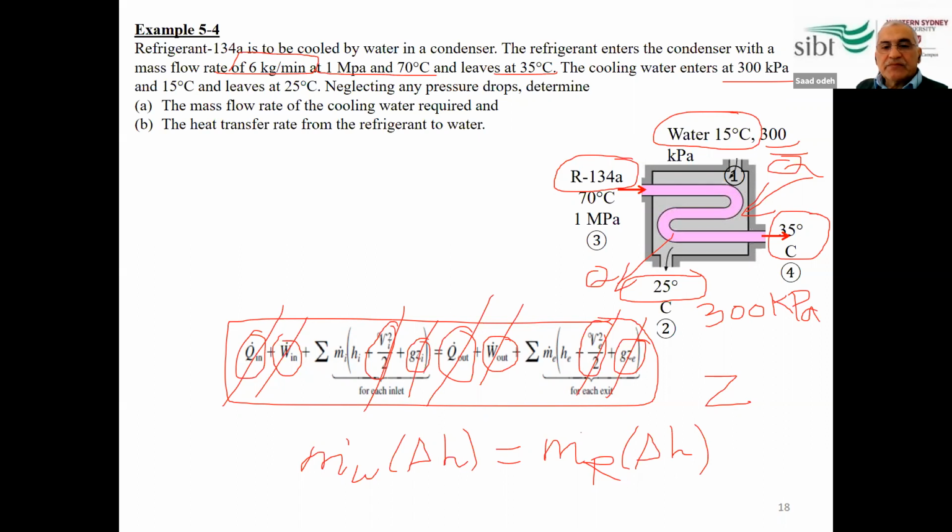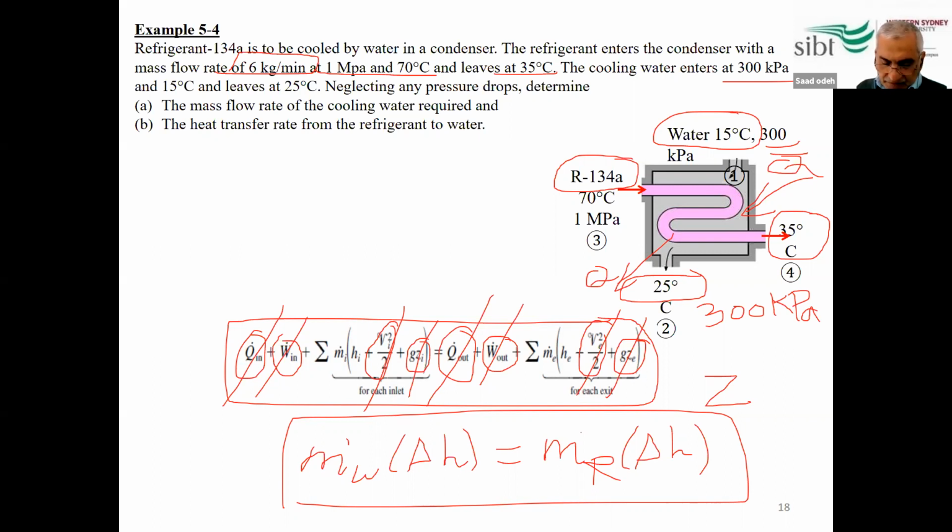So basically, this is the equation that I will use at the end. As you can see, this is the way that you can reduce the energy equation, or first law equation, or energy conservation equation, to a simple form based on the information that you have in the question.